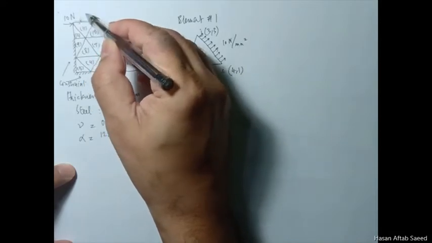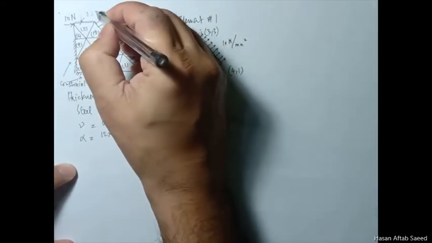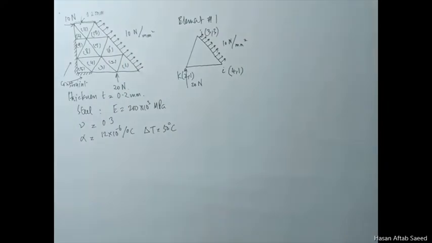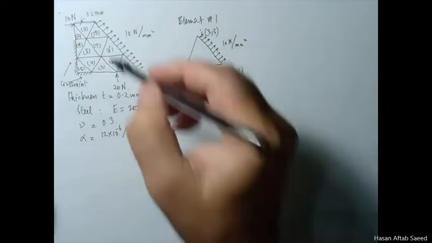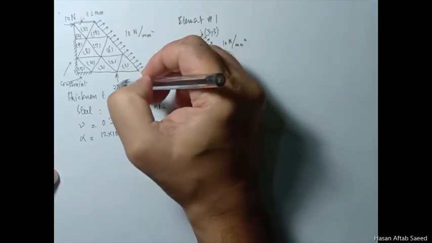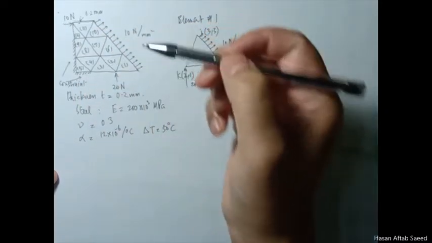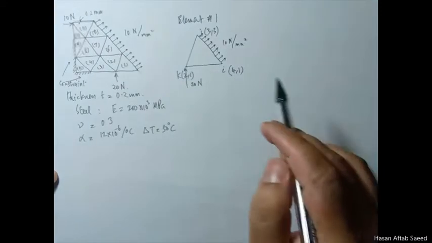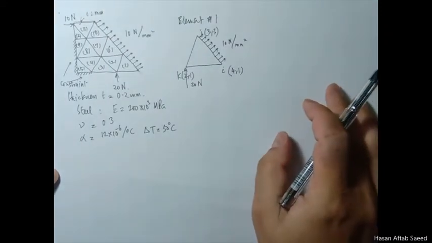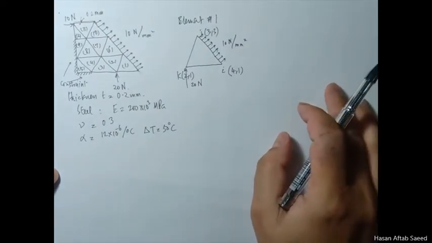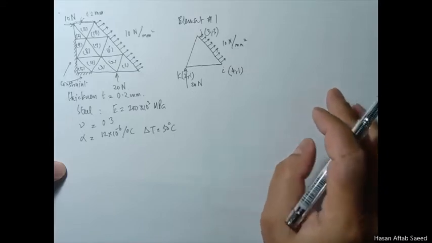This is 0.2 millimeters, and there's a pressure force applied here, and a concentrated force here, and another concentrated force here. These are the constraints. Now this is a big problem to be solved on paper. Unlike 1D problems, which we could solve from start to end, very few 2D problems can be solved from start to end, but we'll just solve the relevant part.